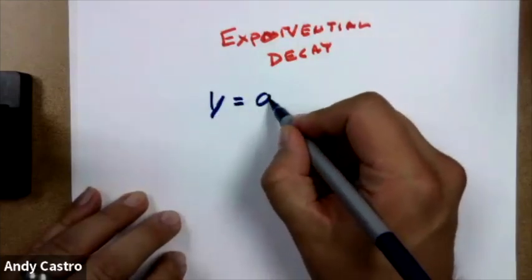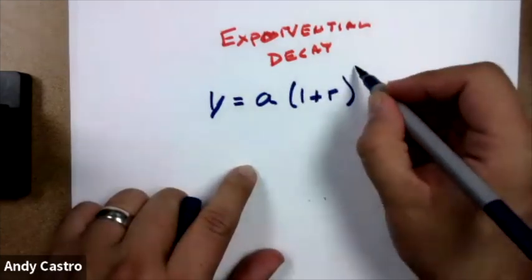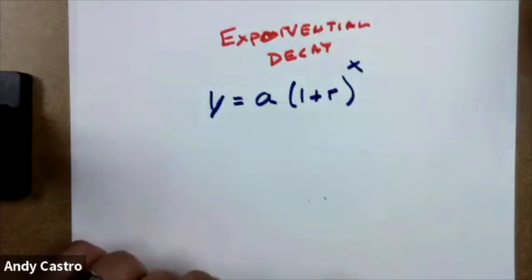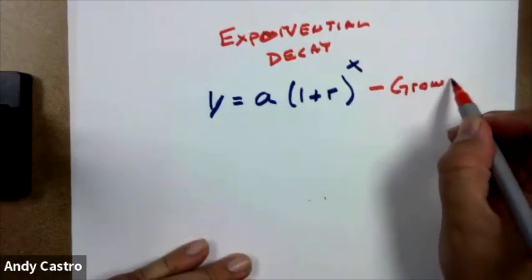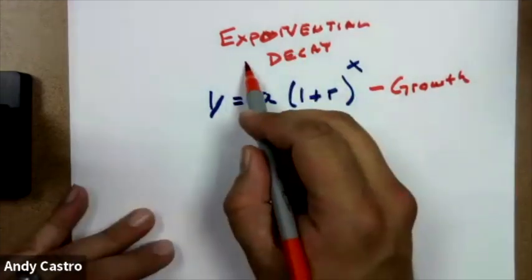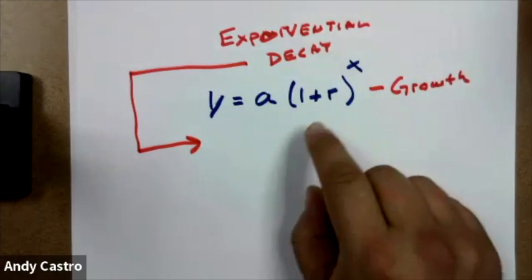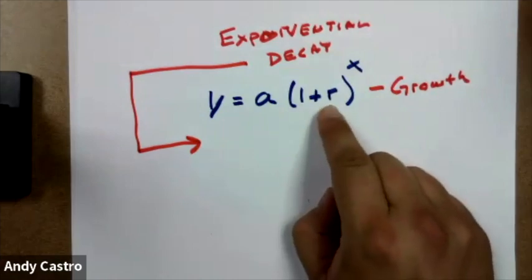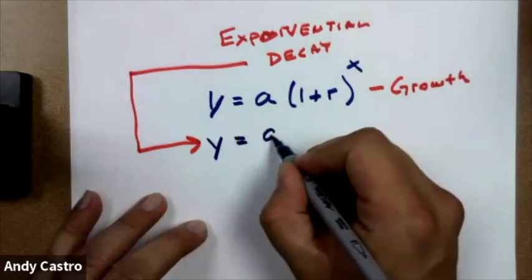Y was equal to the initial amount times 1 plus the rate raised to the power of time. Now, this specifically is for growth. What makes the equation for decay similar yet different is instead of adding the rate each time, we're going to be subtracting the rate each time.